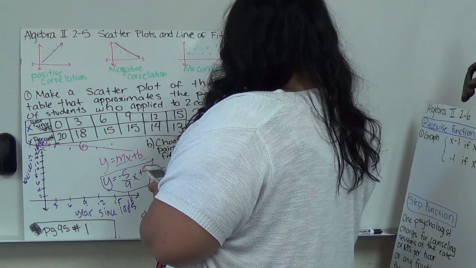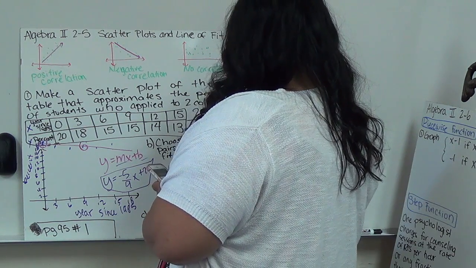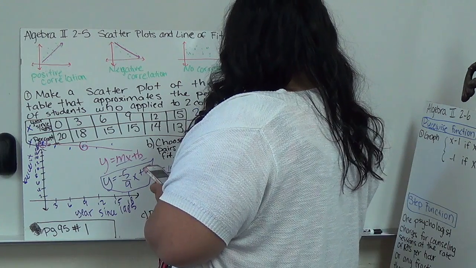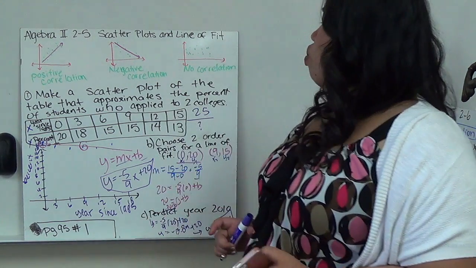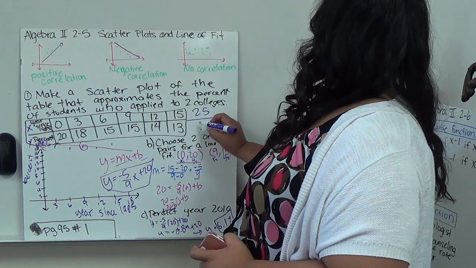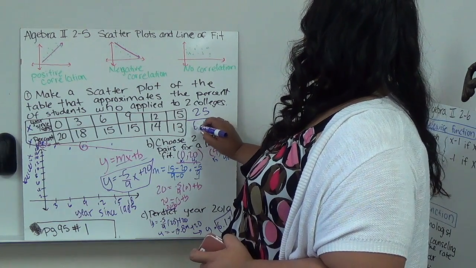Gets me 6.1%. So in 25 years, only 6.1% of students will apply to colleges. See how that works?